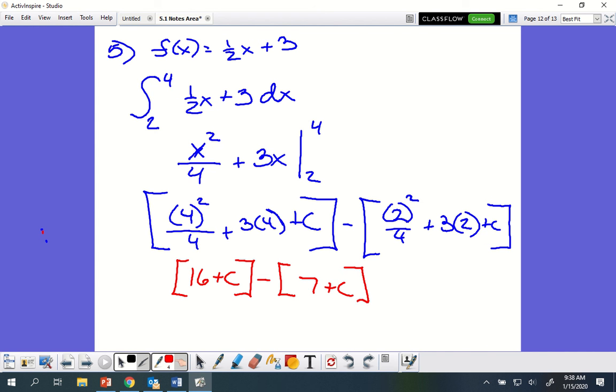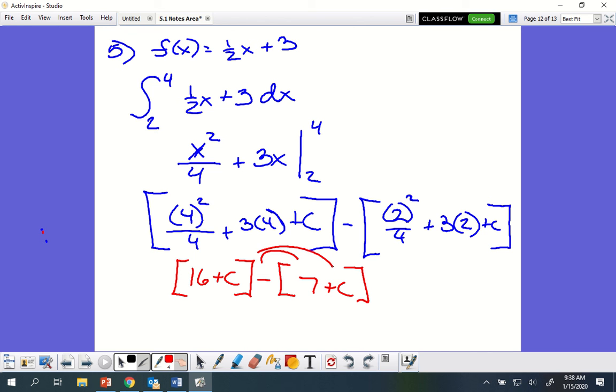Distribute. The C's cancel. There we go. That's what I was getting at, because I'm adding it to the left side and I'm subtracting it from the right side. That's why I didn't put it up here, because the C's are going to go away no matter what. Whatever constant I have here, I'm adding it here, and I'm also subtracting the constant over there.